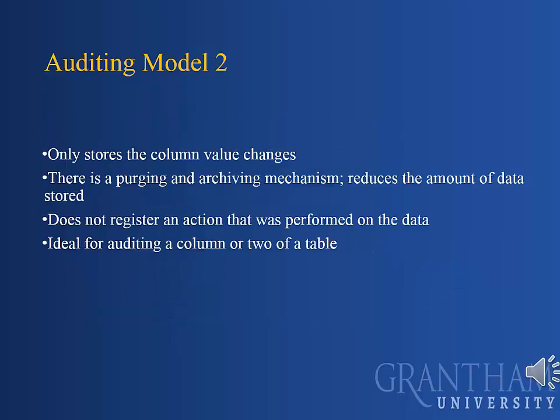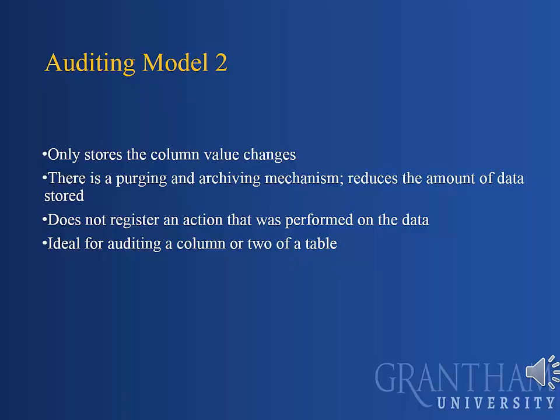Now, if you look at the simple audit method model 2, then you're doing your auditing where you're storing only the column value changes, and with that you have a mechanism that's purging and archiving. That's going to reduce the amount of data that's being stored, so ease back on the resources being consumed by the audit. It's not going to register an action that was performed on the data.